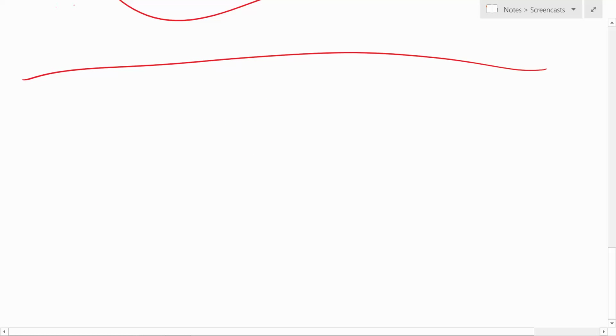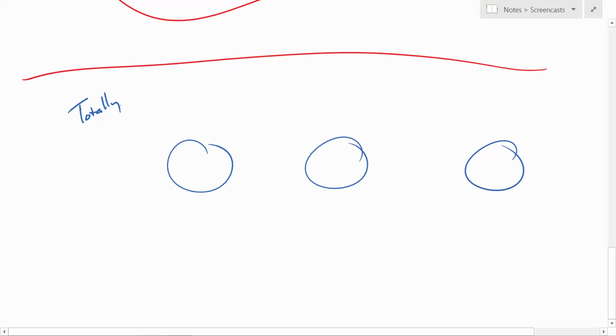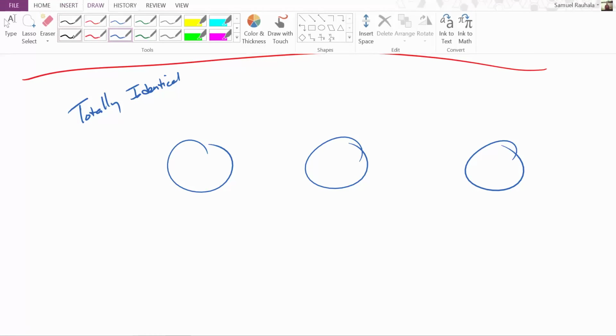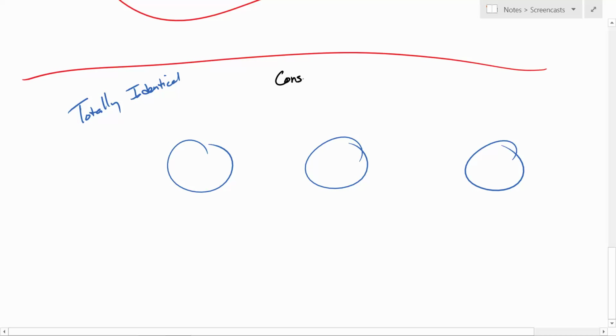But in terms of problems, we then had one other thing that we wanted to talk about, and that was this wonderful case where we have identical conductors, totally identical. The idea was to play with this idea of charge being able to move freely over a conductor, and also play with the idea of conservation of charge. Conservation of charge telling us, of course, that charge can neither be created nor destroyed, just like we couldn't create or destroy energy.